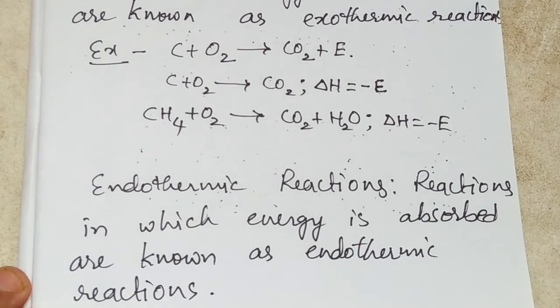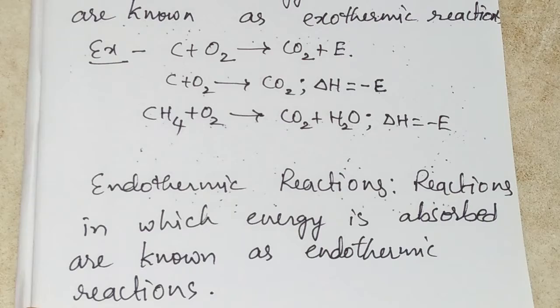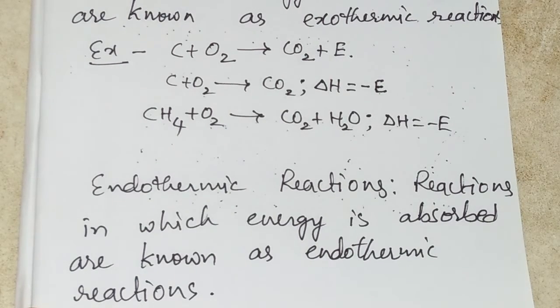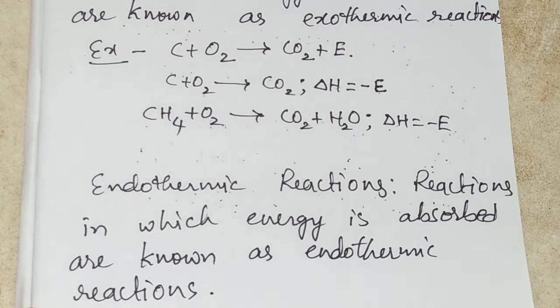As we have seen in exothermic, here this thermic we can consider along with the heat energy some other types of energies also. As we have seen in our lesson, decomposition reaction. In that, some of the reactions are occurring by absorbing electrical energy, like water converts into hydrogen and oxygen in the presence of electric current. We have seen silver chloride converts into silver and chlorine gas in the presence of sunlight.